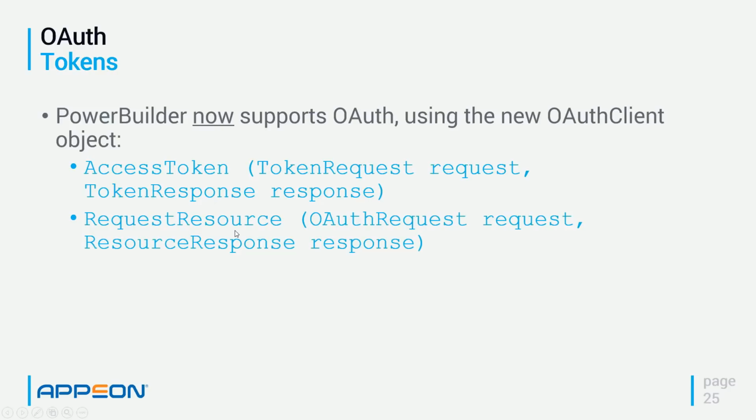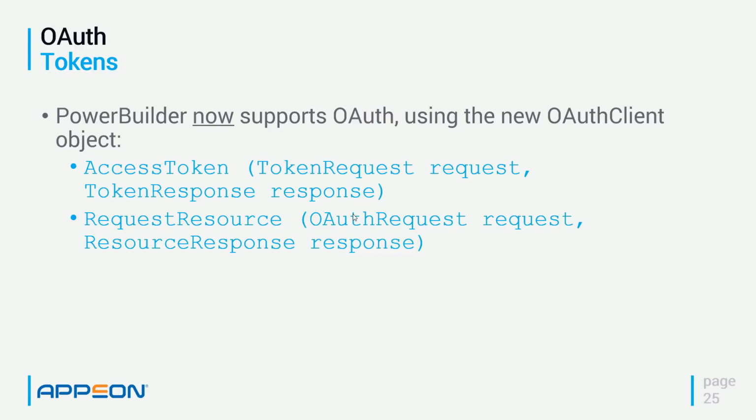So what happens with OAuth is that you usually have an ID value and a key, and you send that up in a token request. You get back a token. What you then do is call this request resource over and over again from then on. You don't keep asking for the token over and over again.